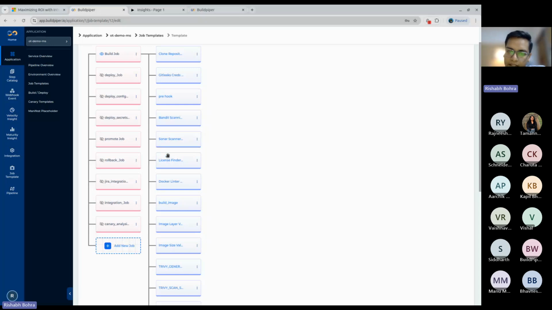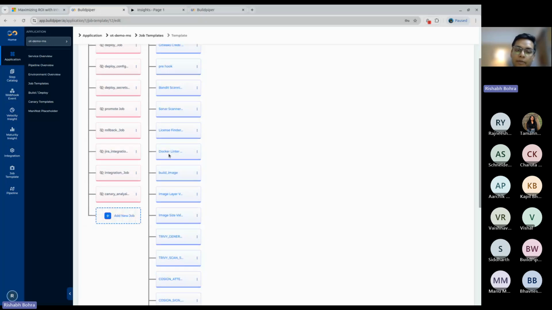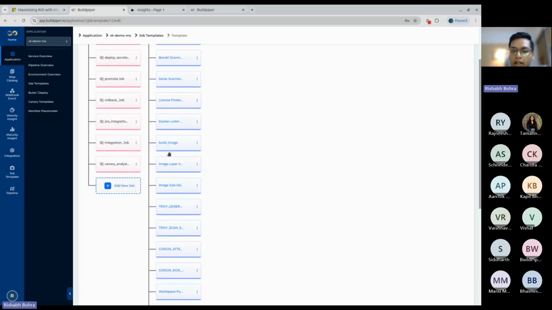License Finder is being used here as the composition analysis tool, where it lists out all the dependencies and their respective licenses, giving visibility into whether you are using any license or dependency which is not compliant with the compliance standards in the organization. And then, considering it is a Dockerized application, we are running the Docker linter to check whether the Dockerfile is written as per industry standards, and then ultimately the image is getting built.